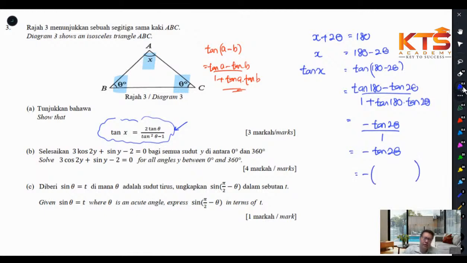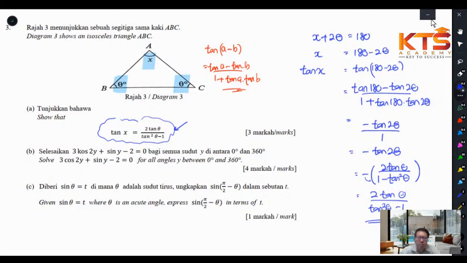Tangent 2 theta is 2 tangent theta over 1 minus tangent square theta, double angle. So the negative multiplies into the bottom, not to the top, is negative 1, and negative negative becomes positive tangent square theta. That's it. 3 marks.